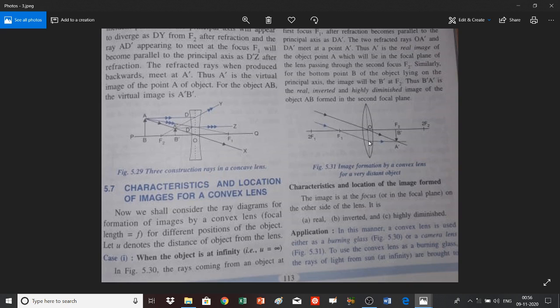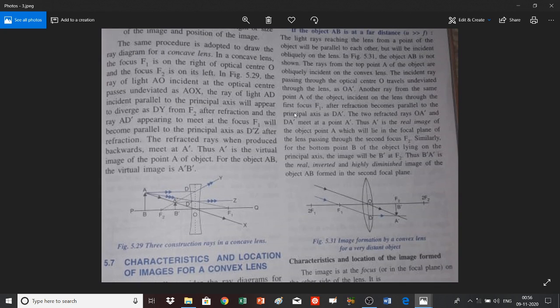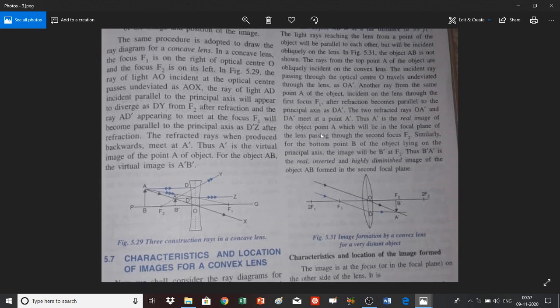After refraction it will pass in this direction, so these two rays will meet at the point a prime. So here a prime b prime will be the image of the object which is placed at a far distance. It is discussed here just to go through some lines.